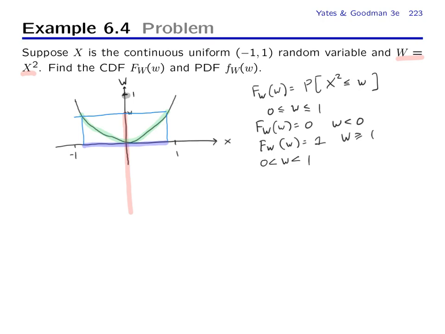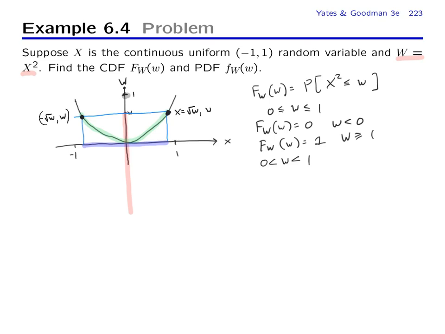Now, identifying the points of that interval, we recognize that this corner point here is x equals square root of w and w, and this corner point over here is minus square root of w and w.